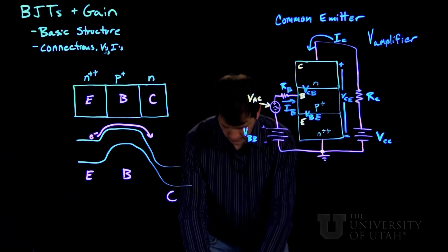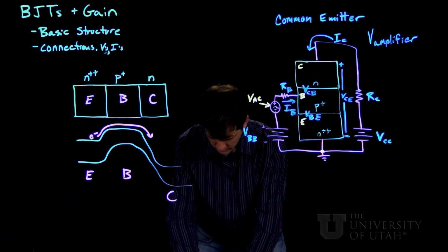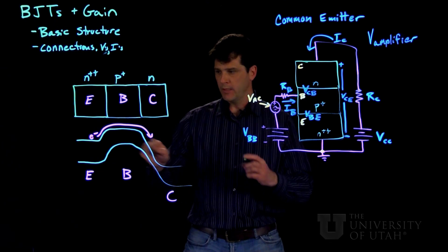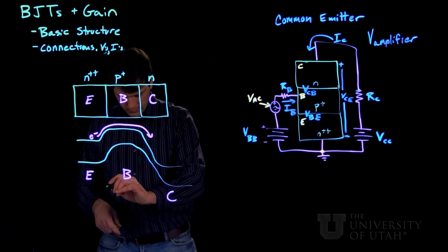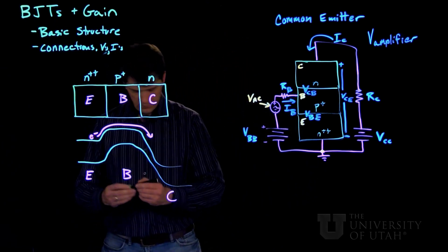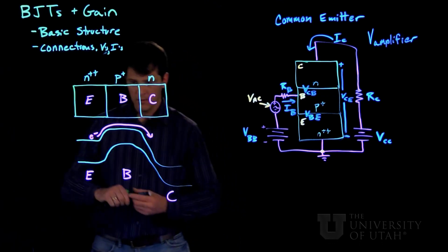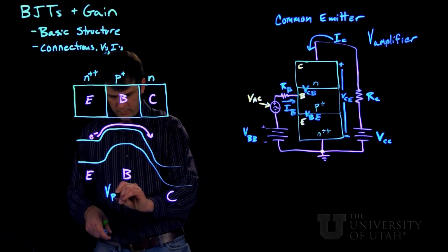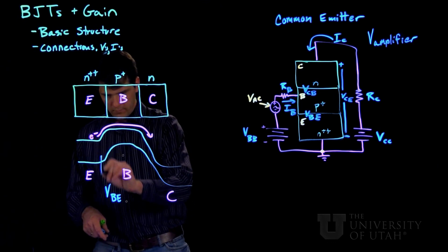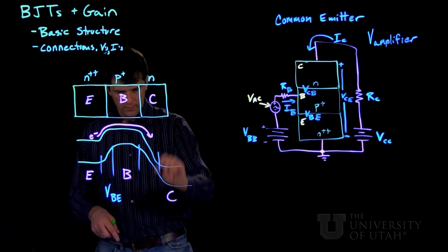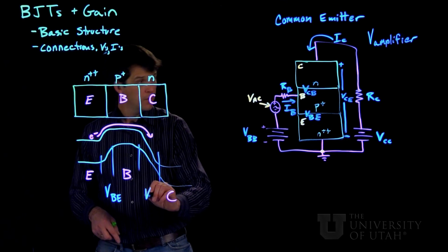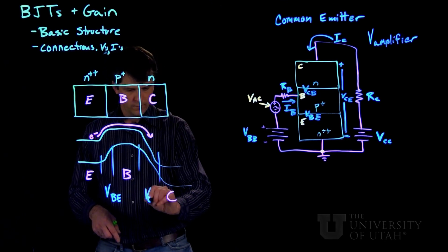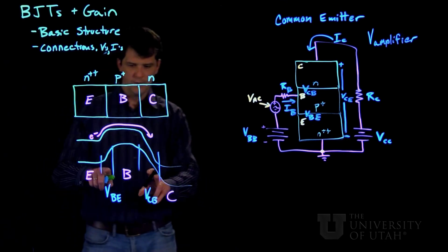But what keeping track of the voltages allows us to do: we have the VBE between here and here, and the VCB between here and here.